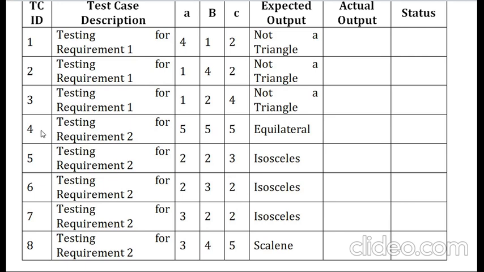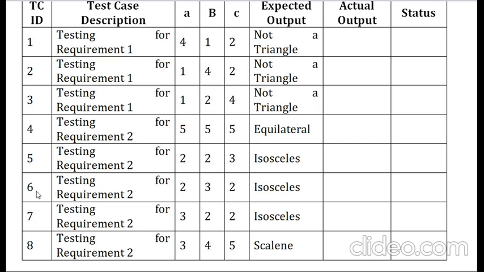So come to test case ID 4, we give equal sides for A, B, C. Definitely all equal sides means the expected output is an equilateral triangle. Test case ID 5, we give the values 2, 2, 3. Definitely two equal sides are there, so it prints isosceles triangle as the expected output.